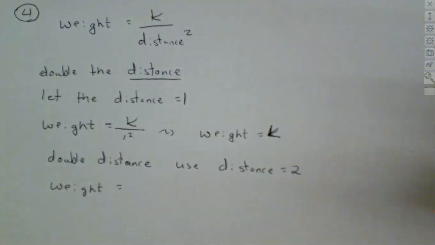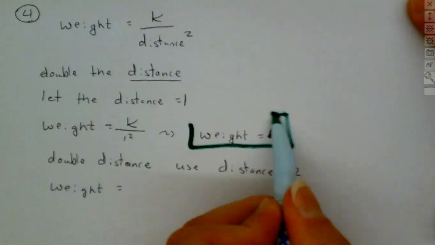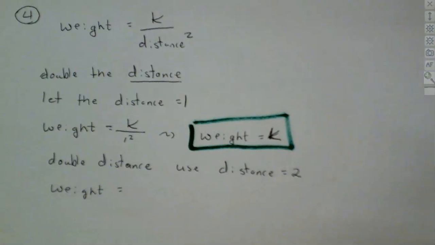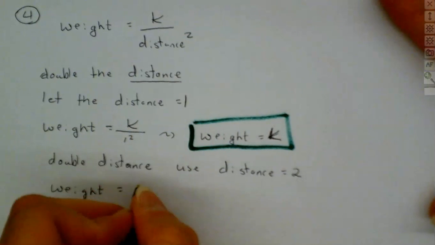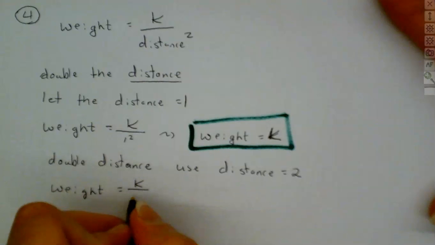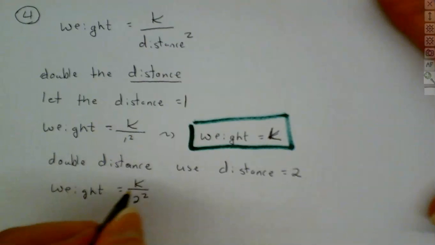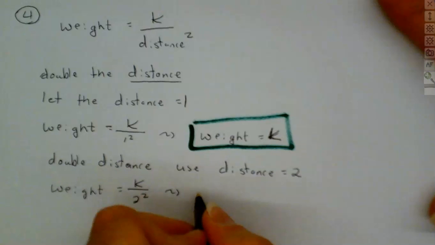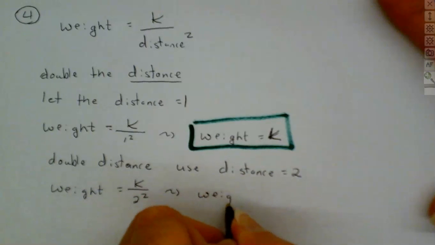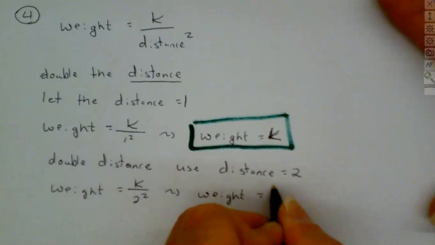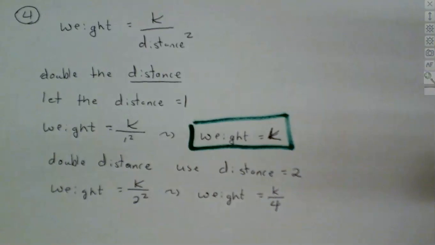I want you to look at this right here when your distance was 1, and I want you to see what happens when your distance is 2. Well, that's going to be k over 2 squared, right? And we know that 2 squared is 4.